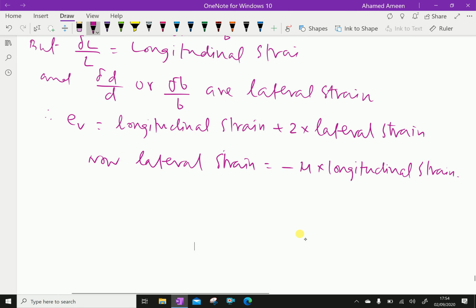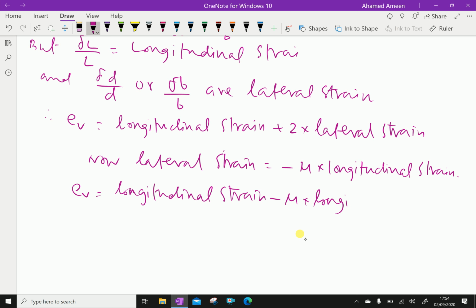Therefore we can write EV, volumetric strain, is longitudinal strain minus 2 mu into longitudinal strain.